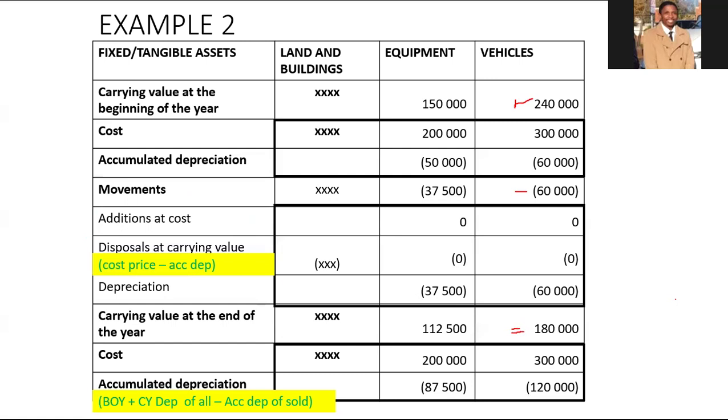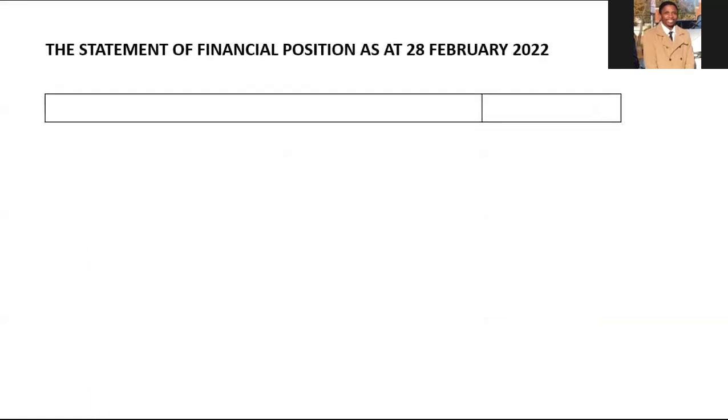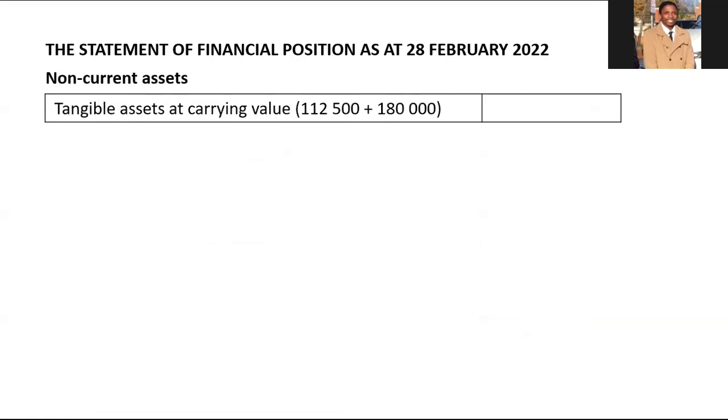These two carrying values at the end of the year, you will add them up and record them in your statement of financial position under non-current assets as tangible assets at carrying value, which will be 292,500.